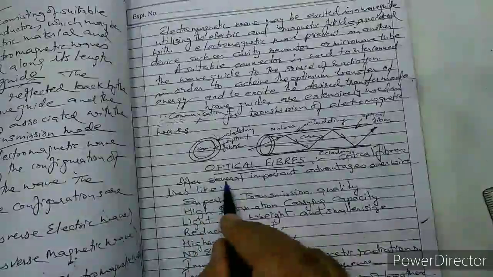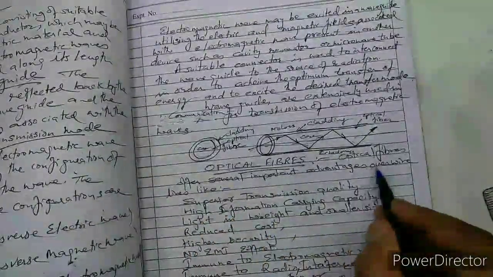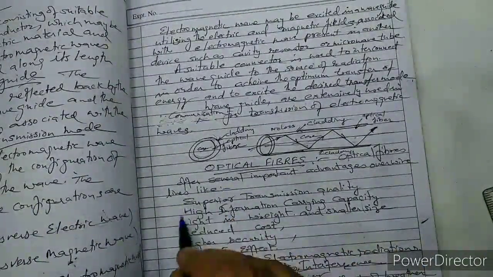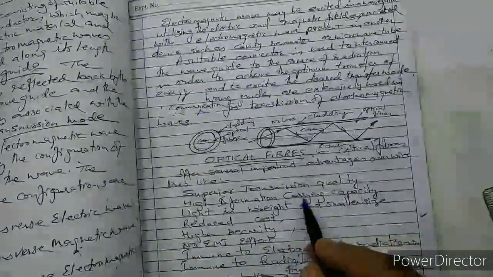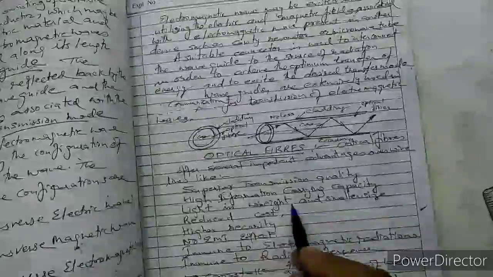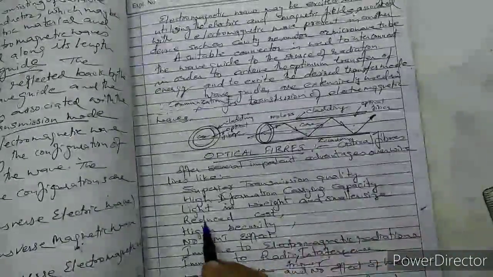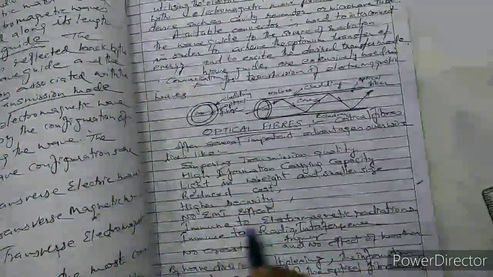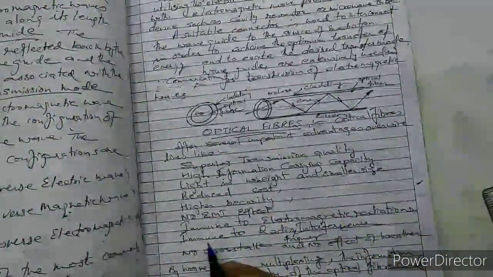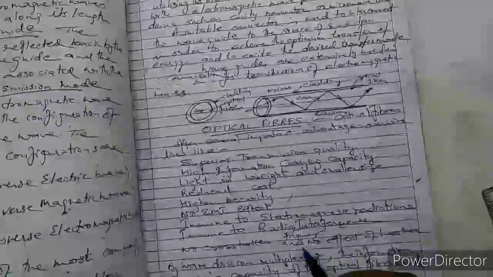Optical fibers offer several important advantages over waveguides like superior transmission quality, high information carrying capacity, light weight and smaller size, reduced cost, high security, no EMI effect, immunity to electromagnetic radiations, and immunity to radio interference.